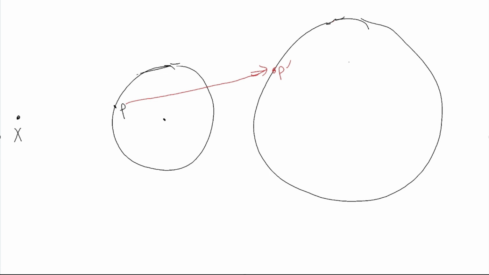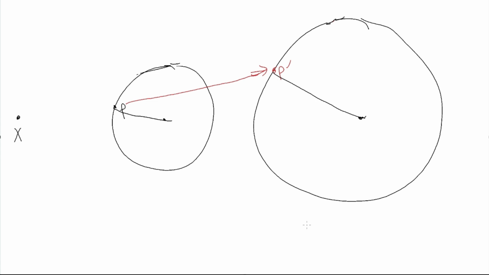Well, if we draw in the centers of the circles, then relative position means that these lines are parallel. So that means that given P and P prime, we end up creating the line PP prime. And notice that when we take a homothety sending P to P prime, because we're scaling up at point x, this means that this line here actually passes through the point x.